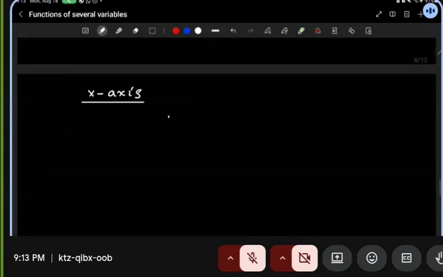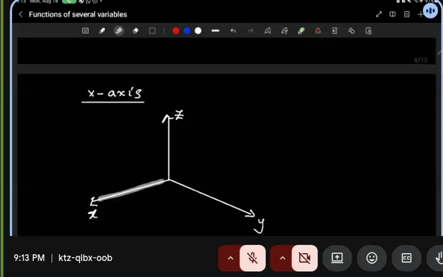So first, you need to picture this. If you are moving strictly along the X axis, this is 3 dimensions. If this is Z here, and this is Y, and this is X. If you are strictly along the X axis, what is happening?